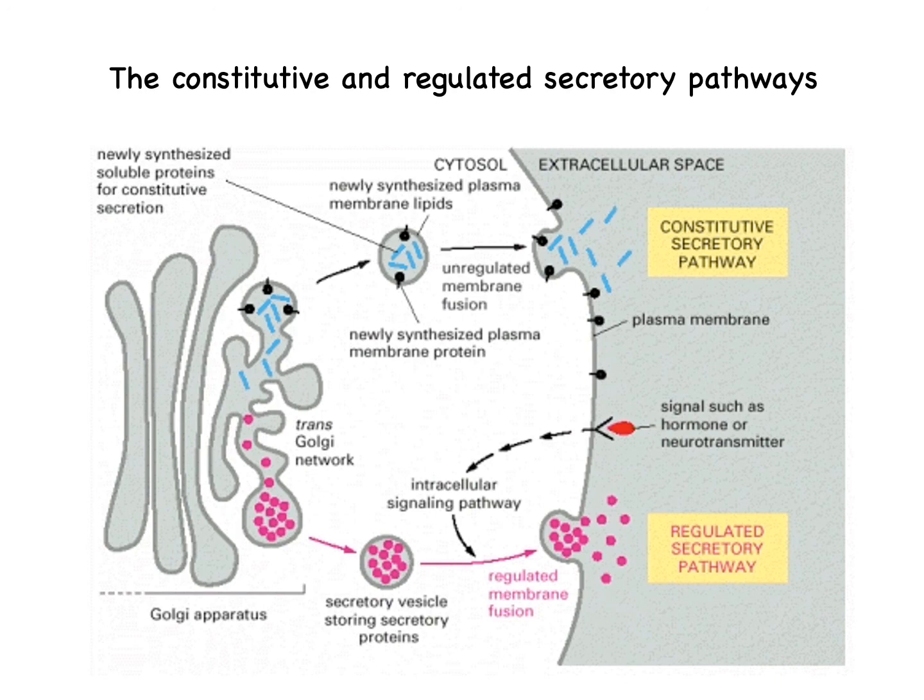There's also a regulated secretory pathway where these still bud off from the Golgi to form vesicles, but they then wait for a signal before they go and fuse with the cellular membrane and release the contents. And this signal can come from outside, like the example shown here, a hormone or neurotransmitter, or they can be internal signals as well.